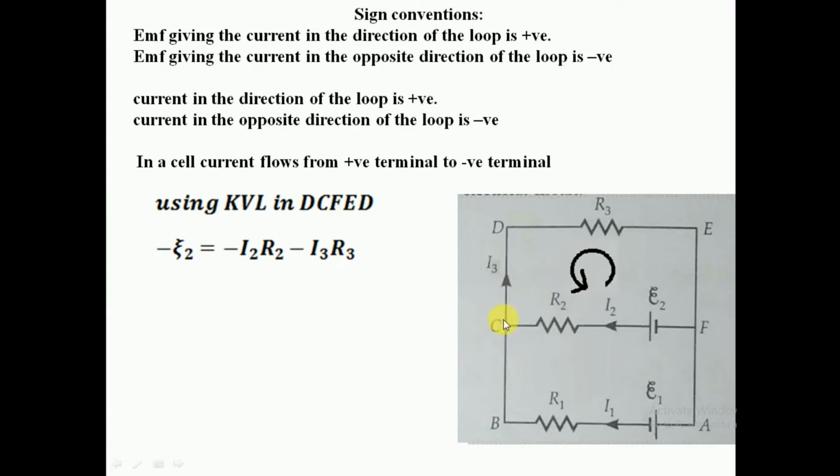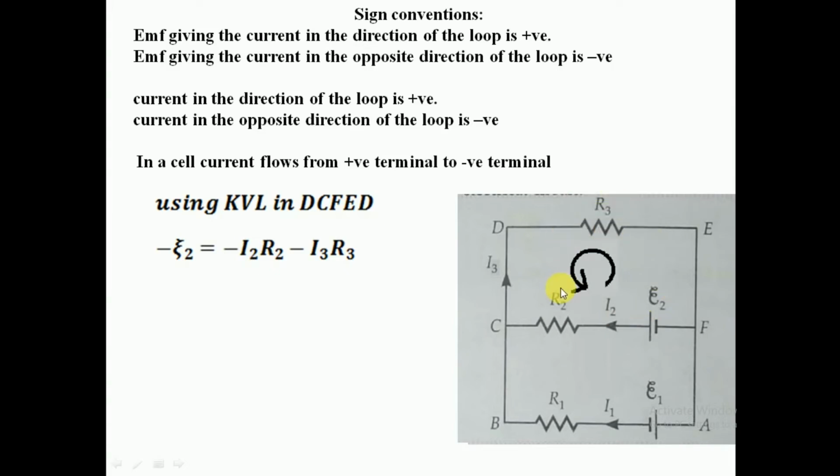So let's start from point C. So first resistance is R2 and current I2 is flowing, but if you can see my loop is going towards the right and current I2 is going towards the left, so this current is negative. So I'll just write minus I2 R2. Now I don't have any other resistance, so now I have R3.